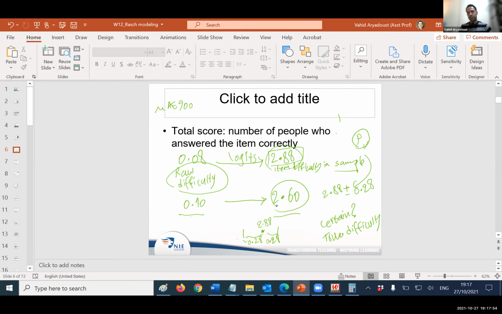Can you calculate that for me, please? 2.88 minus 0.28? 2.60. And what's the upper bound? 2.88 plus 0.28: 3.16.